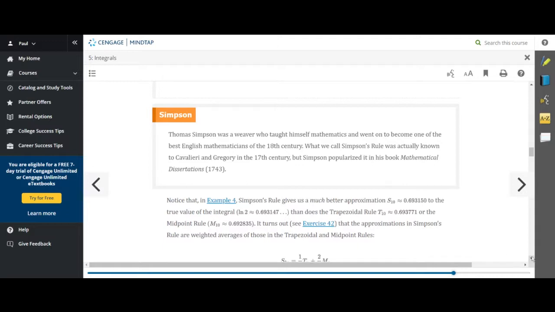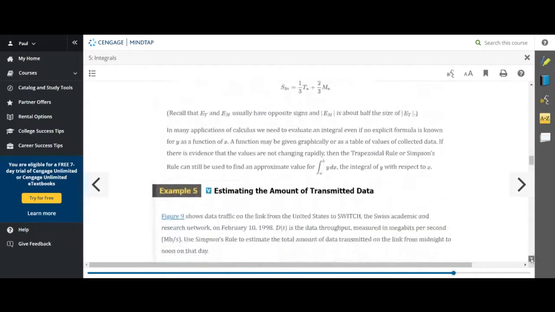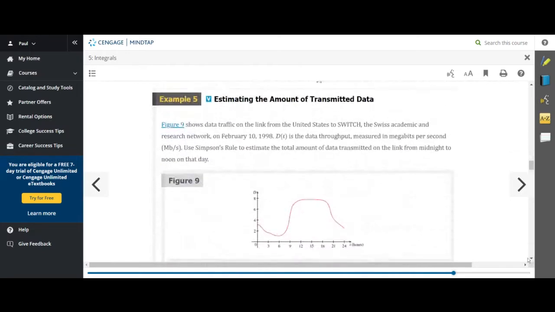Now, let's go on here. Okay, estimating the amount of transmitted data, example 5. Let's take a look at this. Figure 9 shows data traffic on the link from the United States to the Swiss Academic and Research Network.